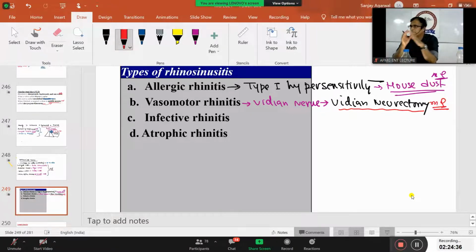So this is simple. Now we come to the main one, the one that they actually ask in the exam. The next one, infective rhinitis. Like most other infections, it will be fungal, viral, and bacterial.